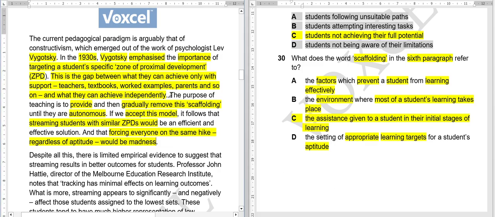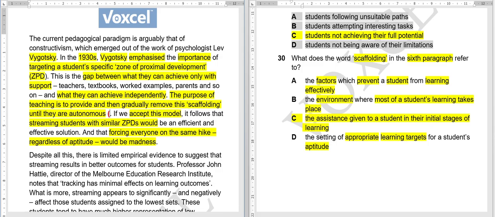So here it is written, the purpose of teaching is to provide and then gradually remove this scaffolding until they are autonomous. So the gap between what they can achieve with this support and what they can achieve independently is scaffolding, and the purpose is to give them support in the initial stages and then to slowly remove this particular support so that they can become self-reliant.